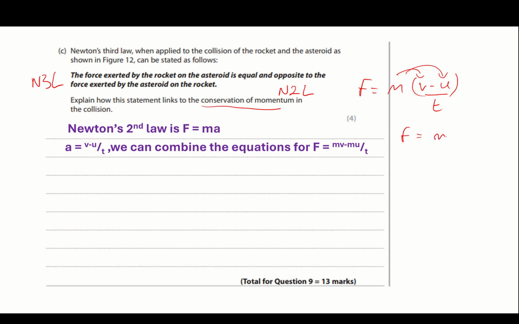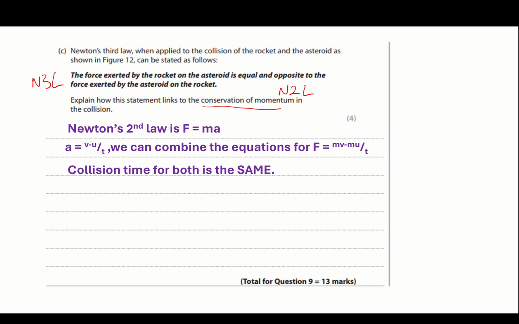F equals mv minus mu all divided by t. And that just says that if the forces on an object are unbalanced, the object will accelerate. And what we're going to see is that when we have these forces, the momentum will be conserved.